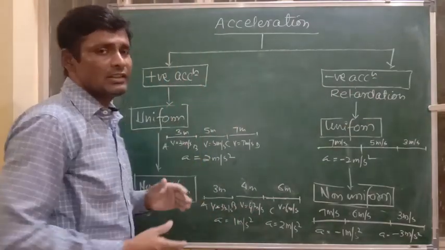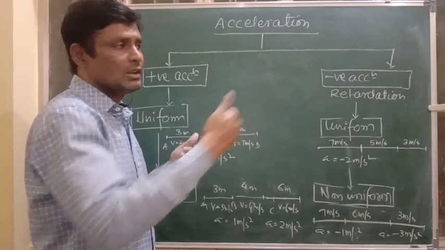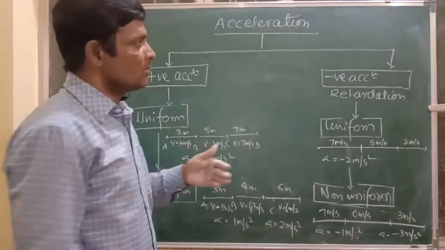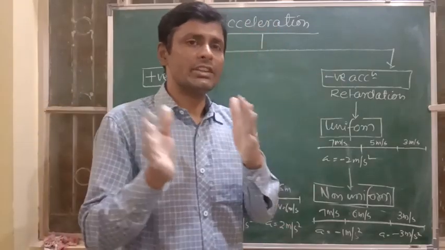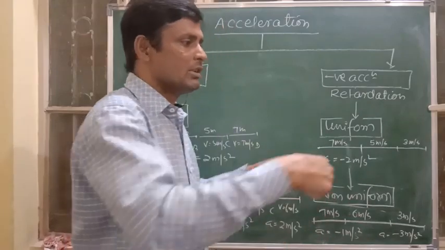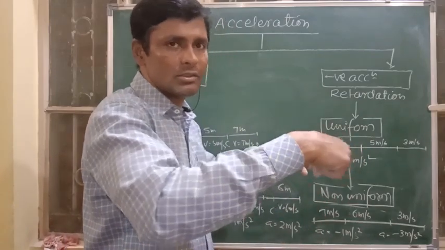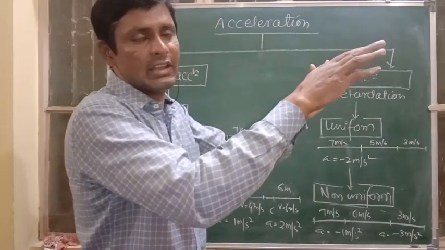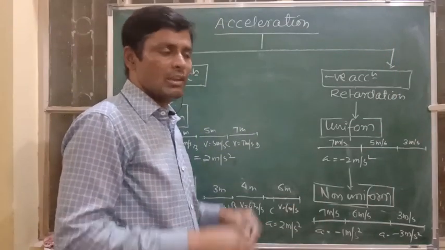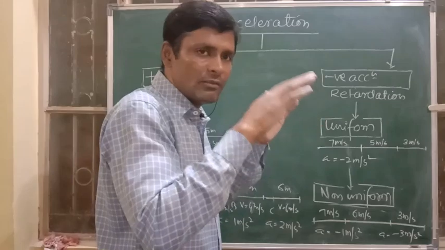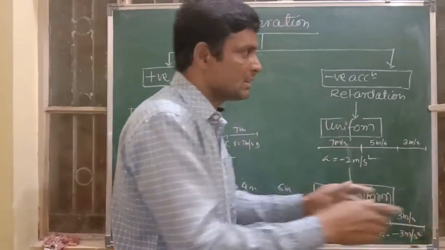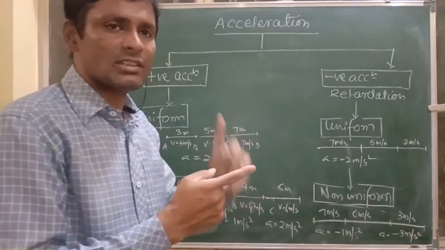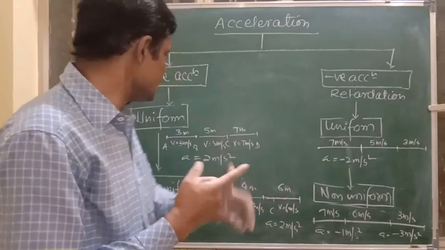In positive acceleration, the velocity goes on increasing, but in negative acceleration, velocity decreases. Suppose someone is applying acceleration to his bike, that is called positive acceleration, and speed increases in that case. When he applies the brake, the speed or velocity of the bike decreases, and in that case that is called retardation or negative acceleration.